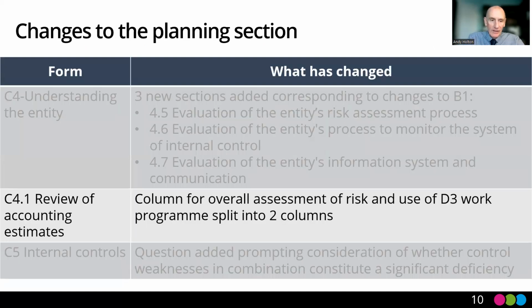Moving on to C4.1, this is the review of accounting estimates. So this form was added in the previous update, and a small amendment has been made to the form in this update, and that is basically to just split one column so that we've got the overall assessment of risk split out from the work in relation to that risk that is then documented on D3.